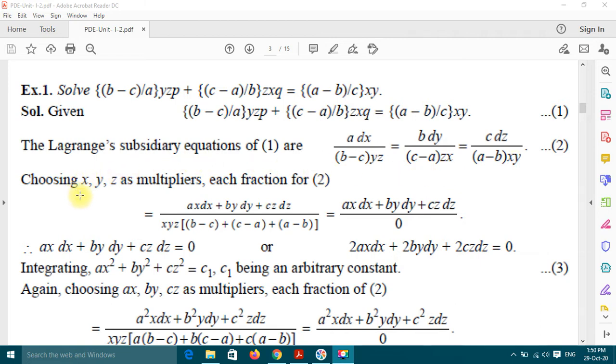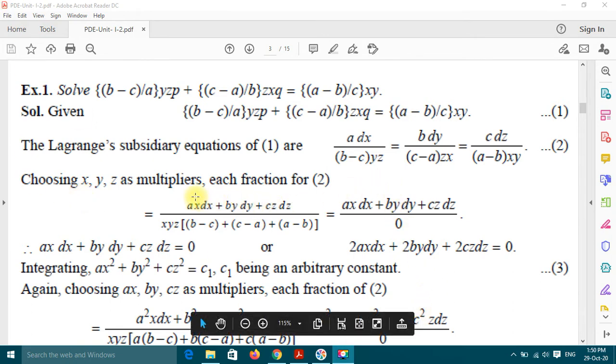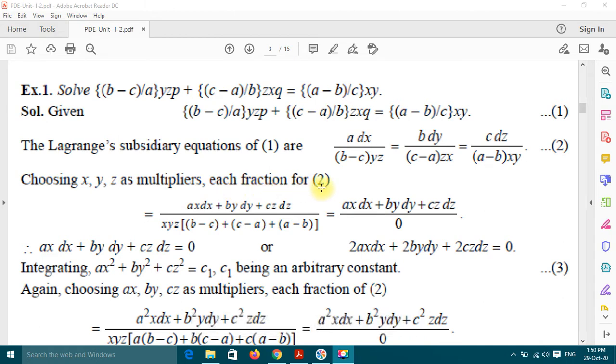Now we take x, y and z as multipliers, means P1 is x, Q1 is y and R1 is z. So with the help of these multipliers, each fraction of 2 is equal to ax dx plus by dy plus cz dz upon, if we multiply the first fraction by x, it becomes xyz.